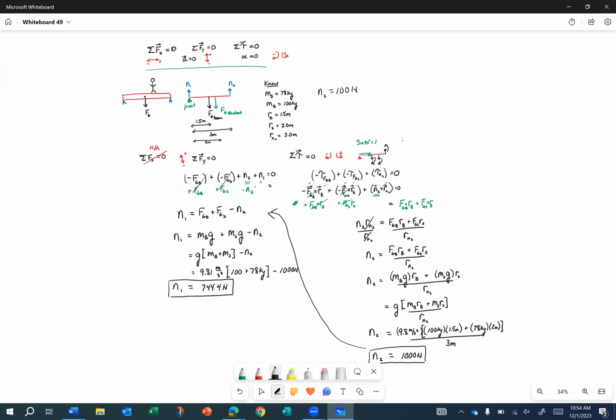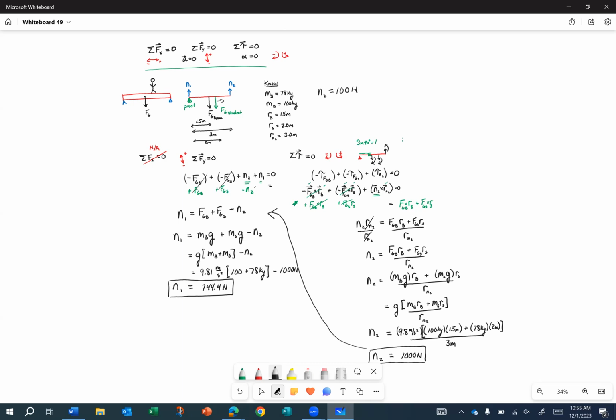If this force of gravity moves over a little bit more, N2 would increase, because your r value for the force of gravity of the boy would increase away from N1, causing there to be greater torque. And then if that value increases, the N2 value takes away from the N1 value, to the point where the two end up equaling.